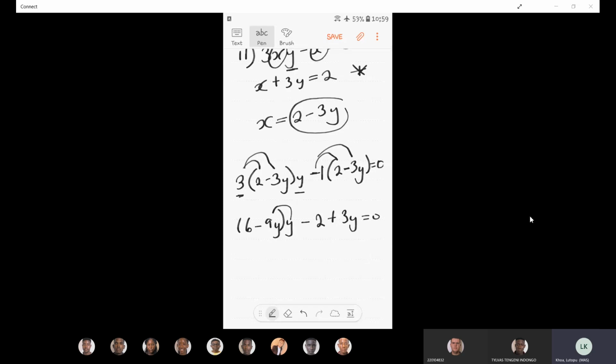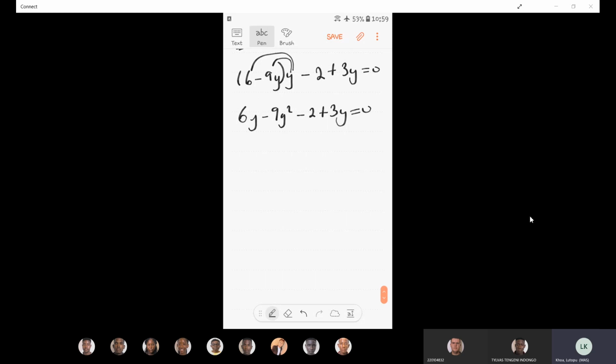Then the y should also multiply. I have 6y minus 9y squared minus 2 plus 3y. This is equal to 0. Okay, so I have a quadratic equation. Let's simplify: 9y squared, and then this is 6y, 3y.